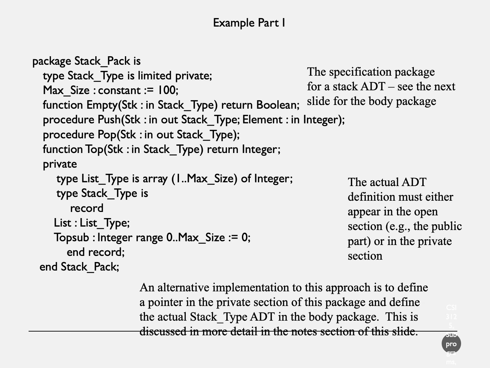This approach clearly separates interface from implementation, one of the core goals of ADTs. It ensures that users can only use the stack through defined procedures, keeping the internals protected.